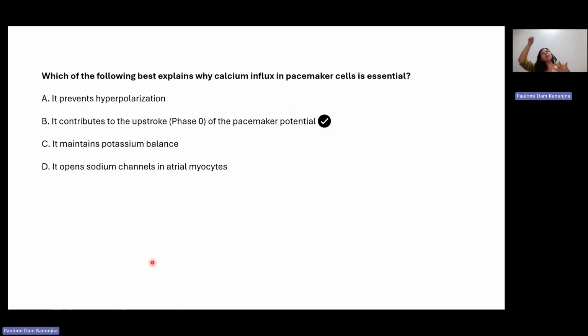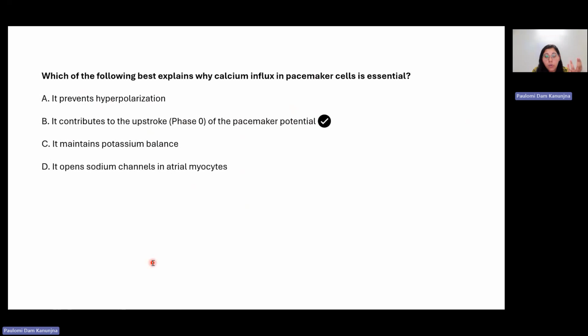Upstroke is basically the beginning of the QRS, if you remember, right? So what does it say? It says that in the pacemaker cells, the upstroke, which is phase 0 or the early stage of the QRS, is due to calcium influx, right? And this is via the L-type channel that we discussed.